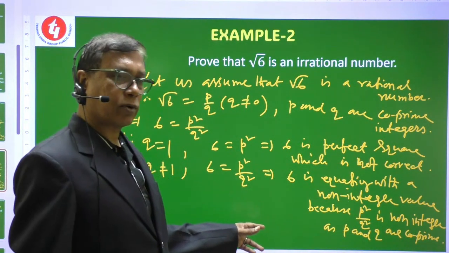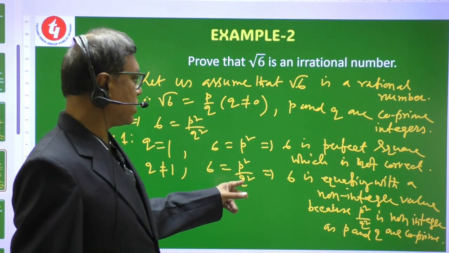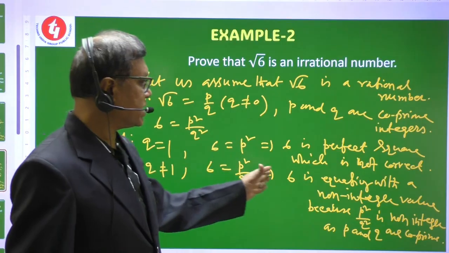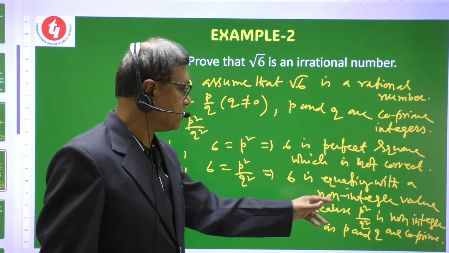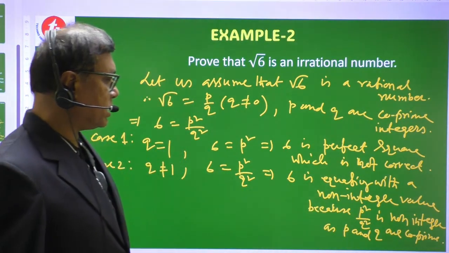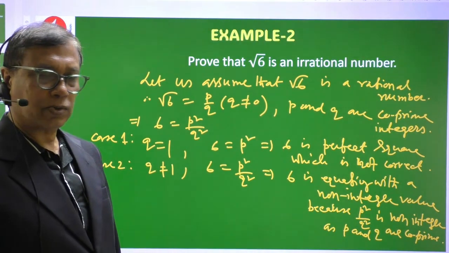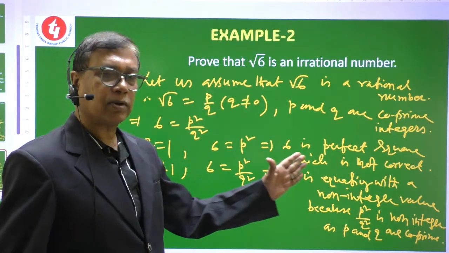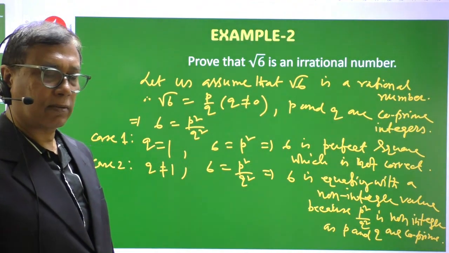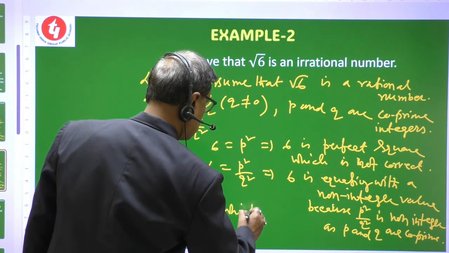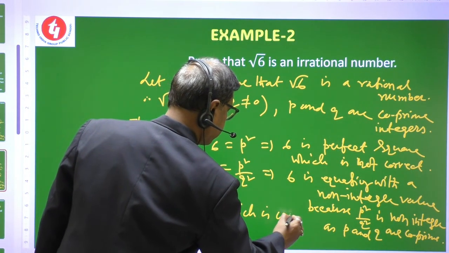Since p and q are co-prime, that's why p square by q square is a non-integer value, but this side, 6, is an integer value. So 6 is equating with a non-integer value because p square by q square is non-integer, as p, q are co-prime. But it is not true. One integer value cannot be equal to one non-integer value. So which is wrong?